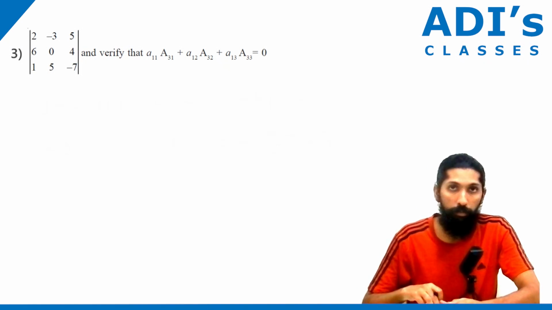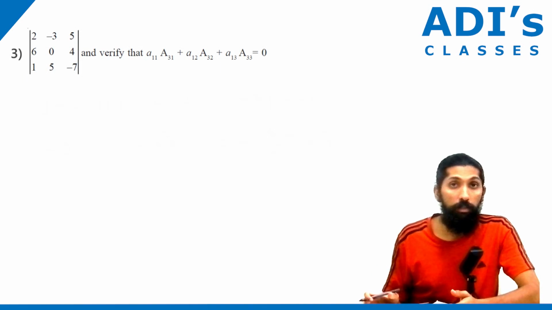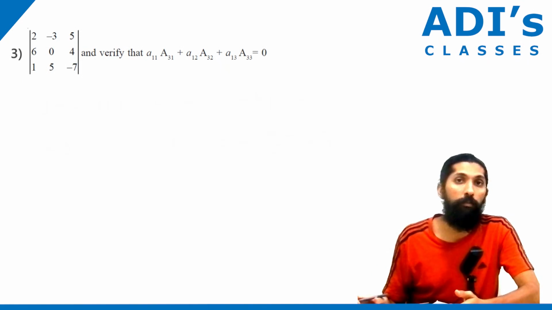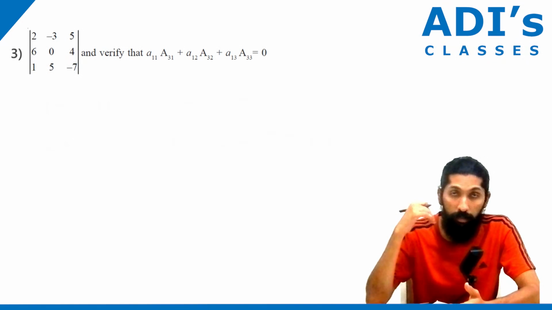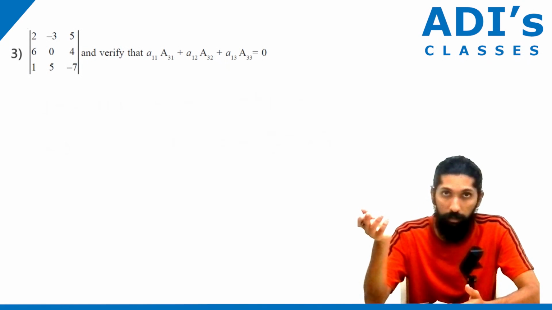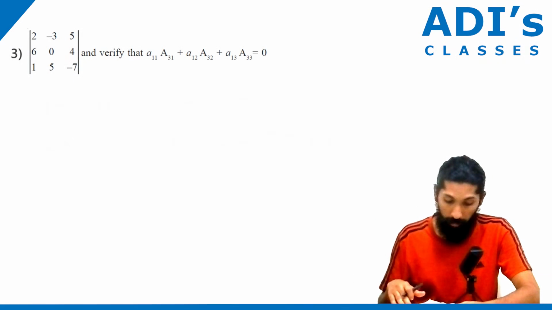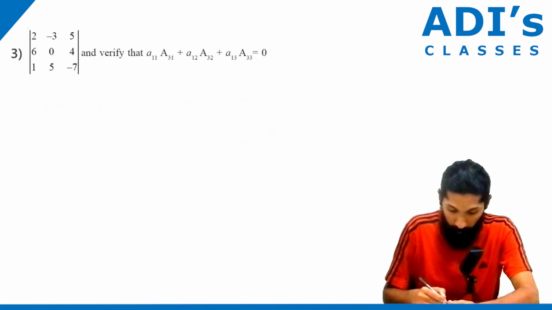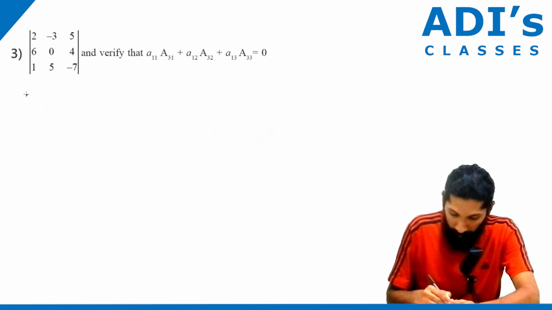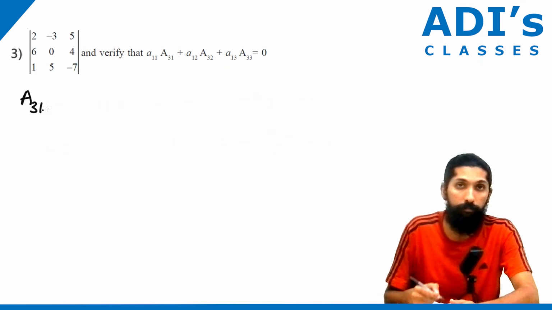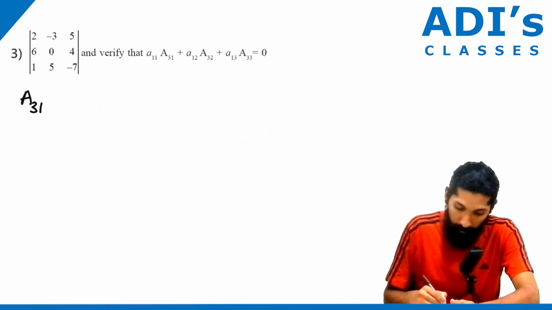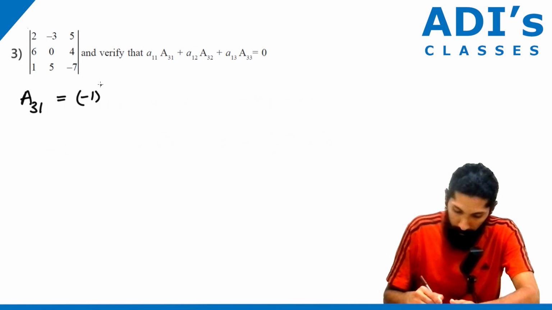Now, first thing what we'll do, we'll calculate what is the minor and what is the cofactor. Of course, you can directly calculate cofactor if you are okay with it, or do minor and then do cofactor. Now, in this one, first thing we calculate A31. So for A31, this is equal to minus 1 to the power of 3 plus 1.